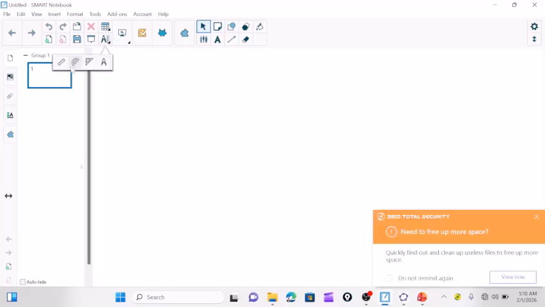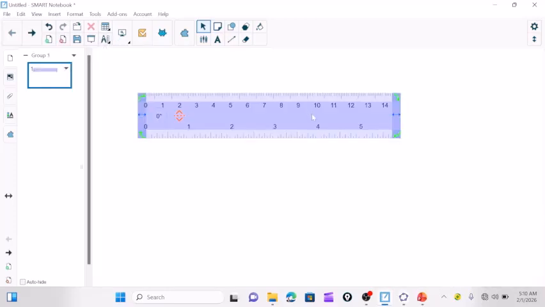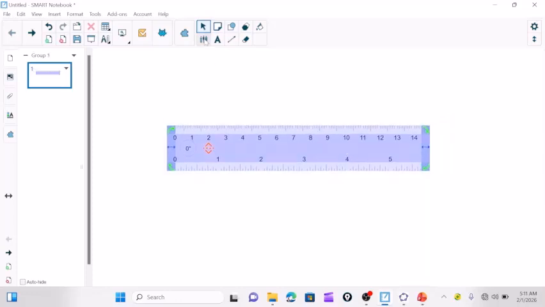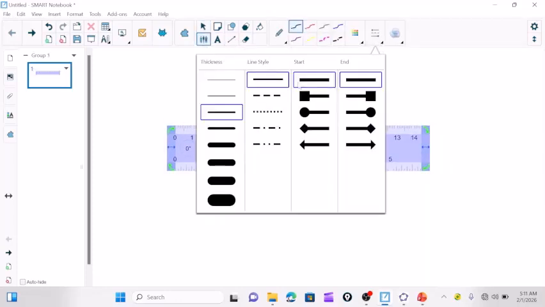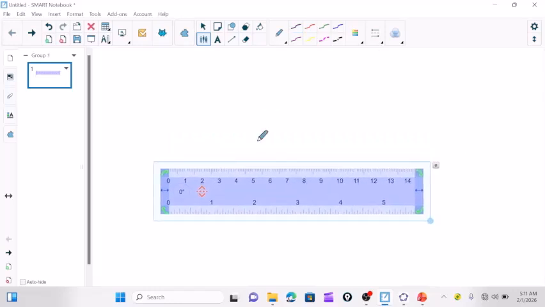So just get your ruler. Let's close this. Get your ruler, get your pencil, adjust your thickness. Okay, so then draw your four-sided shape.